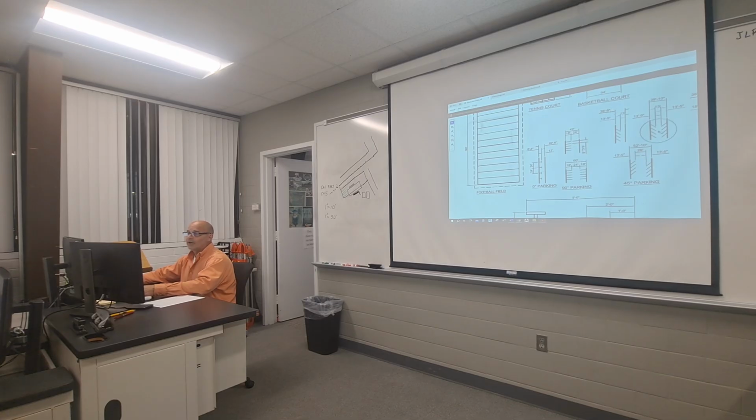If you've got both sides parking still one-way traffic, here's your dimensions to be able to draw those 45-degree parking spaces. If you've got both sides parking, two-way traffic, here's your design criteria. If you use the other option, which is 60-degree parking, 60-degree one-way single side, 60-degree one-way double side parking, 60-degree double side, double direction parking.